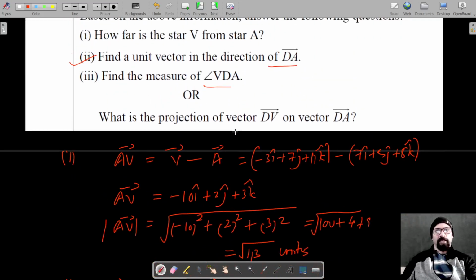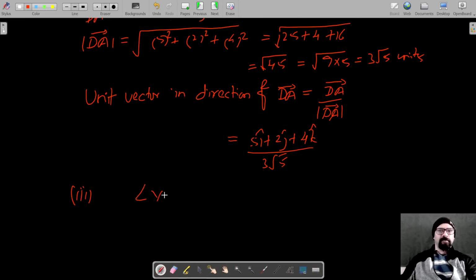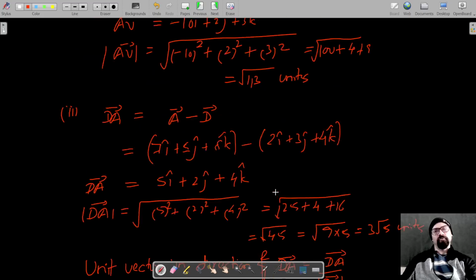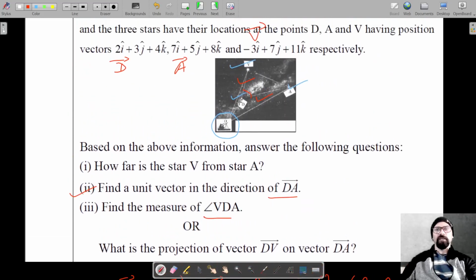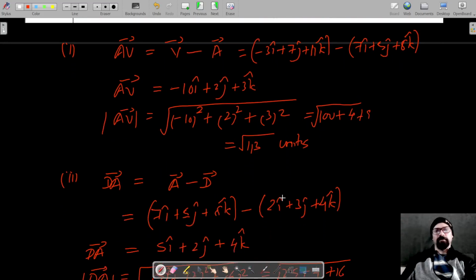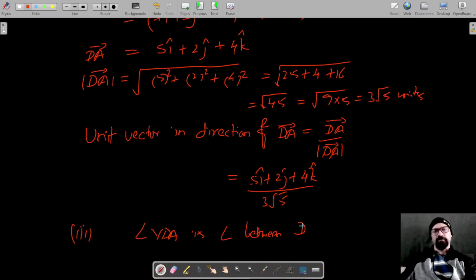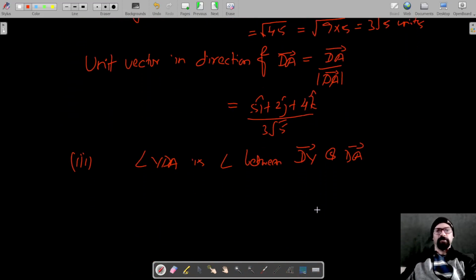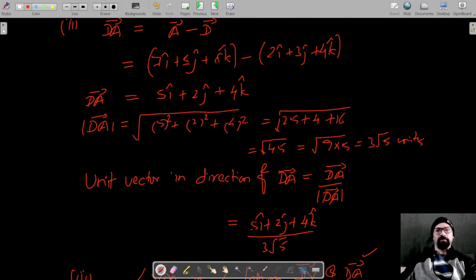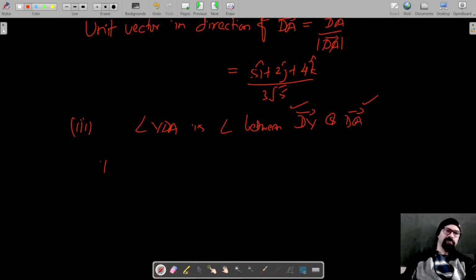We have to find angle VDA. So angle VDA is the angle between the DV and DA vectors. We have already got the DA vector, so let's find out the DV vector first.